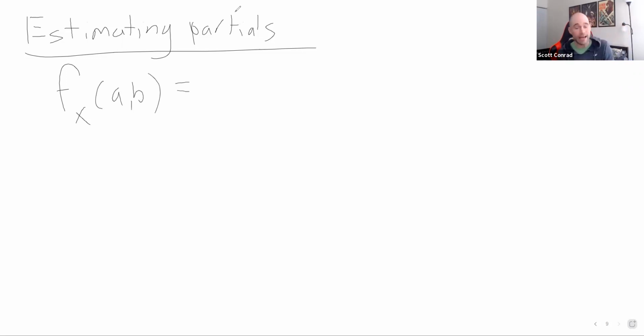So the partial of f with respect to x, we said the definition was the limit as h goes to 0. So we change x by a bit, a to a plus h.